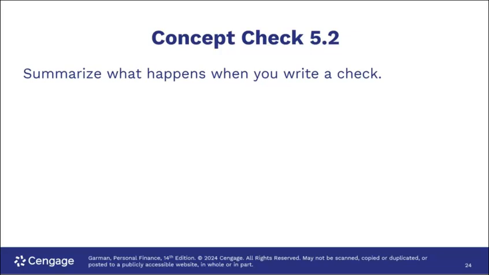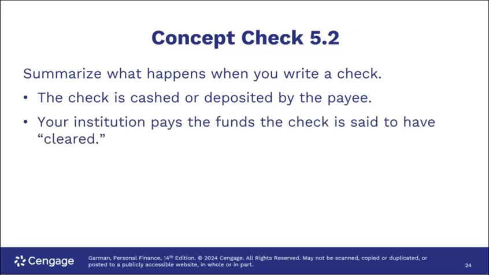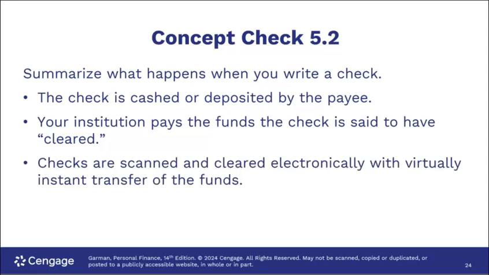Now, summarize what happens when you write a check. The check is cashed or deposited by the payee. Your institution pays the funds. When the institution pays the funds, the check is said to have cleared. Checks are scanned and cleared electronically, so this happens almost instantaneously.